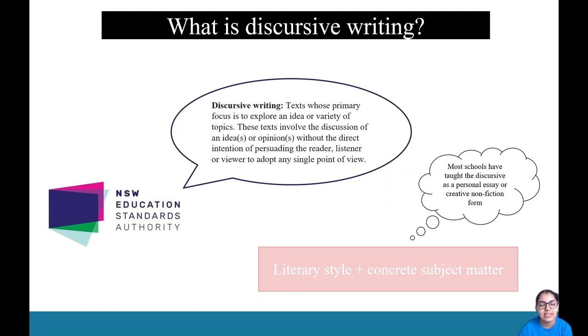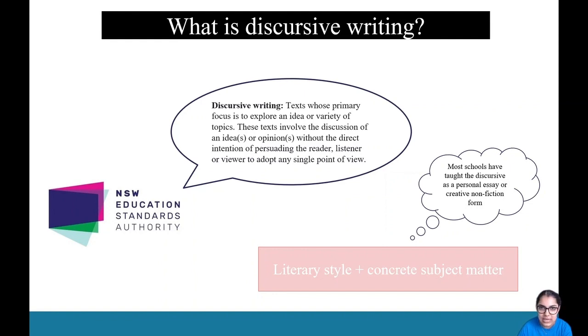They say that discursive writing is a text whose primary focus is to explore an idea or a variety of topics. These texts involve the discussion of an idea or opinion without the direct intention of persuading the reader, listener, or viewer to adopt any single point of view.